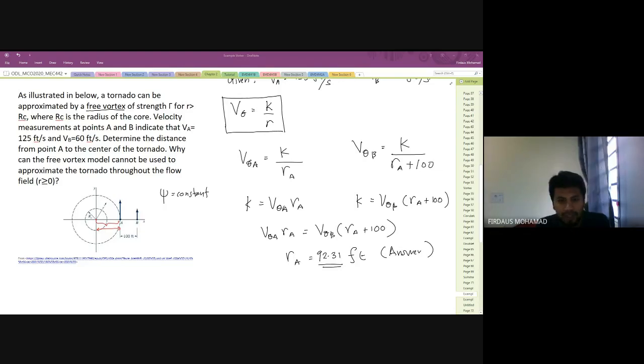Okay, so ada soalan? As I mentioned earlier, this chapter you first have to understand the concept of the potential flow, and then just apply the equation in order to solve, for example, to find the streamline, stream function, the potential, and then to find the velocity.